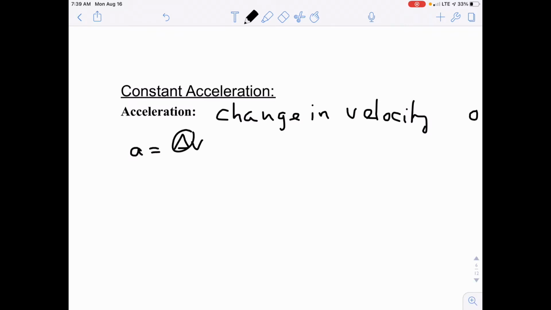The triangle means delta, that means change in velocity. So delta V means change in velocity over time. Now, you always write a change in something as a final value minus an initial value. So I'm going to rewrite this delta V as V minus V naught over T.